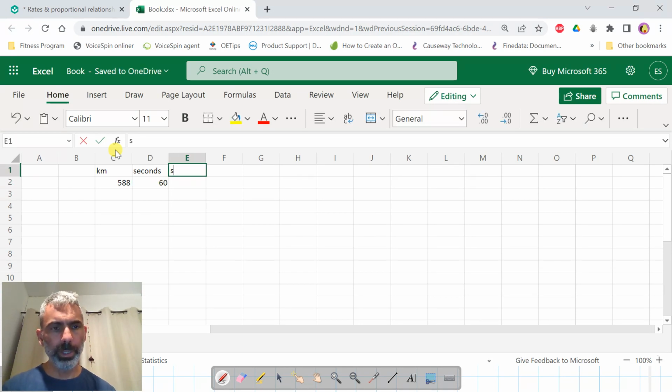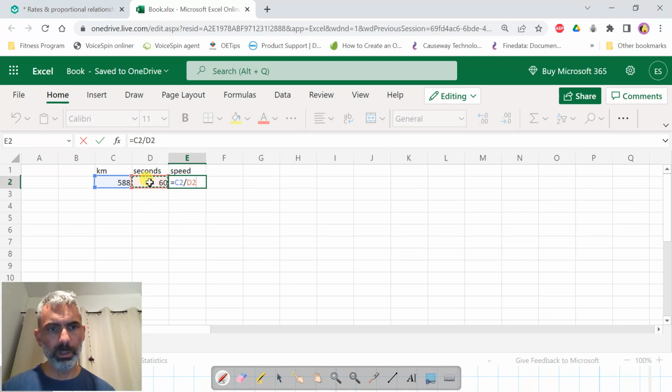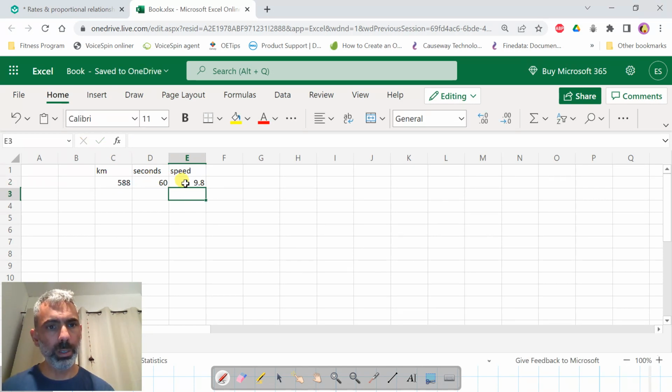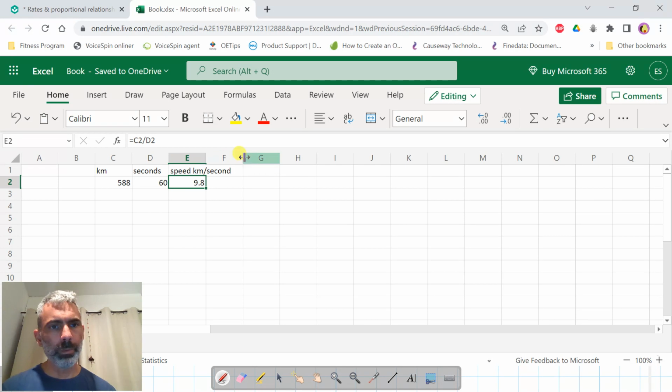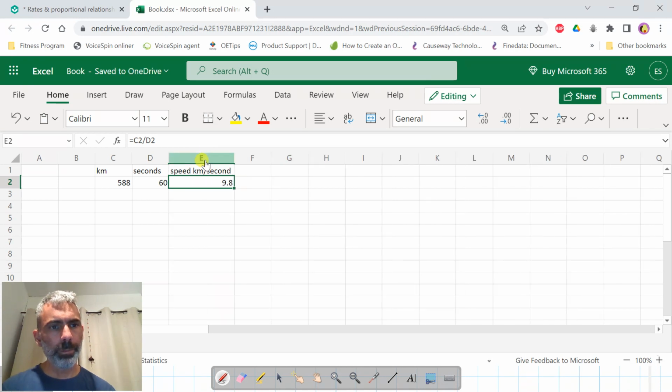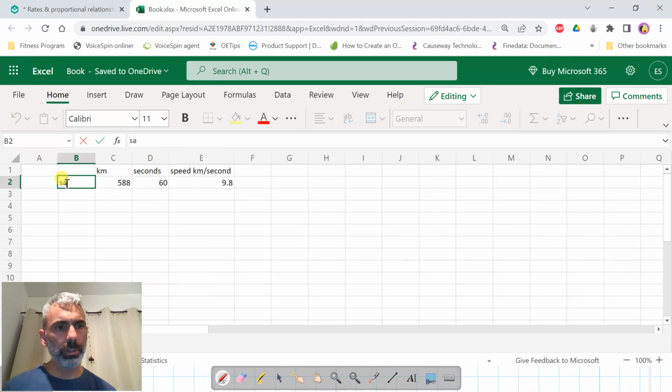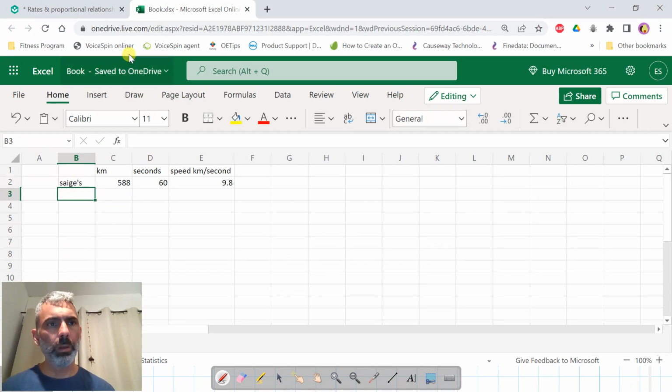So its speed is 588 kilometers divided by the time, which is 60 seconds. So it's 9.8 kilometers per second. Okay, so this is Cygnus spaceship.